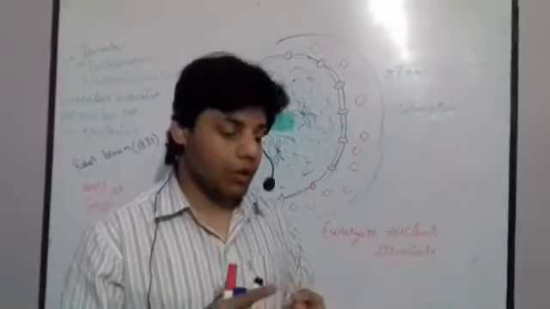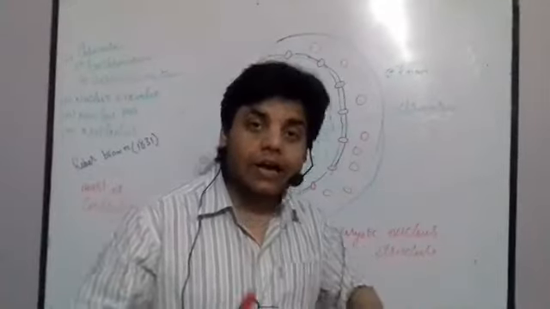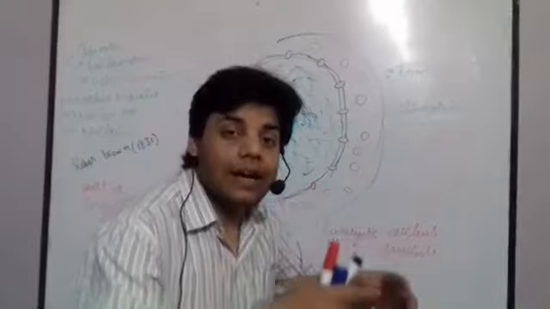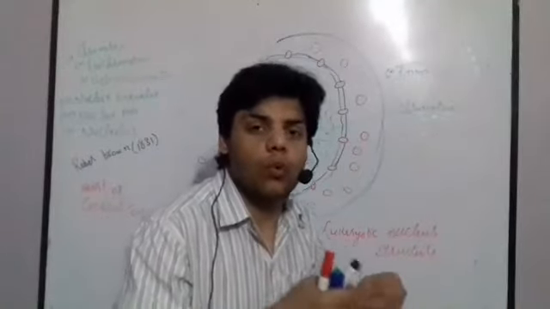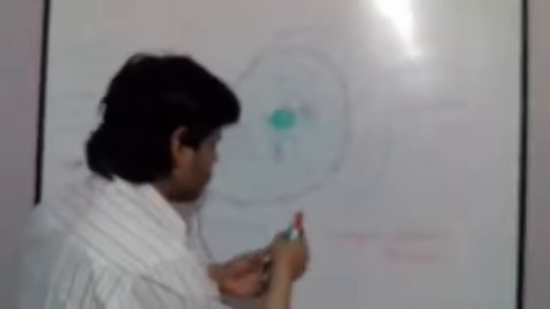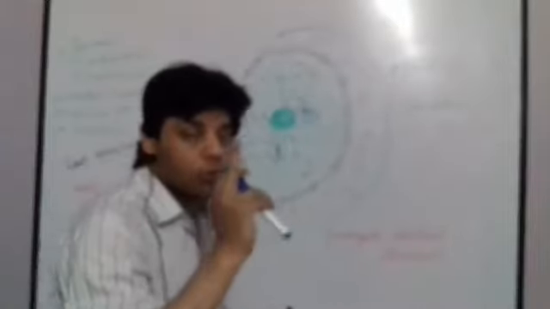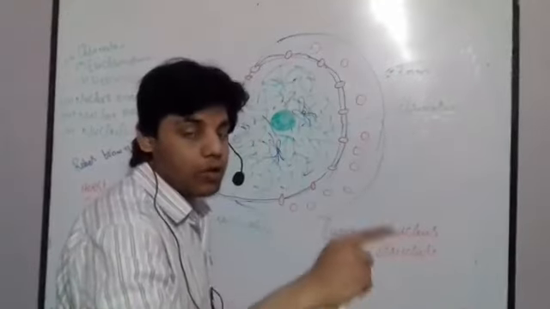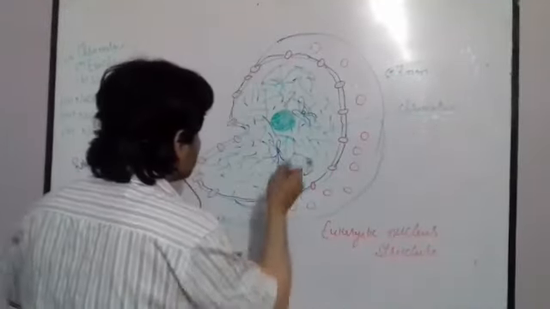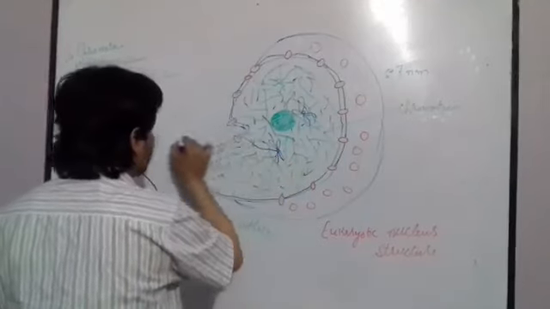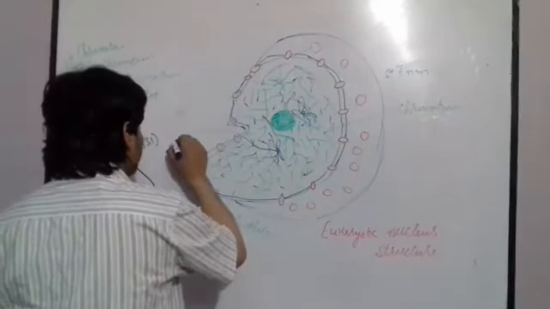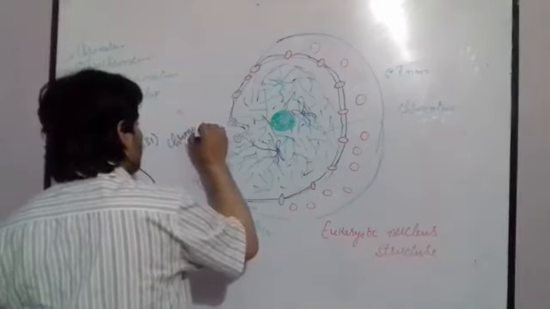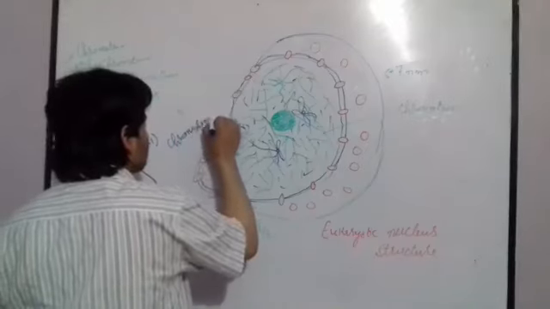But whenever the cell is ready to divide, the chromatin condense and make a visible structure, which we call chromosomes. Chromosomes are not usually present; they appear during cell division.